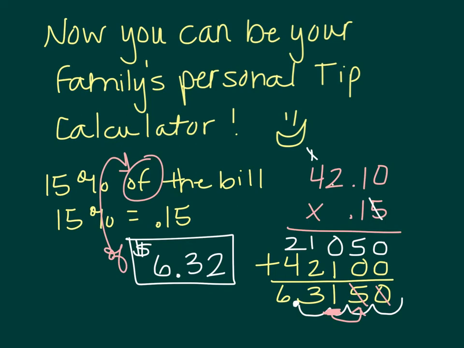Depending on how good the waiter or the waitress is, you can also leave them more than 15%. You could leave them 18% or 20%. 18% would be 18 hundredths, and 20% would be 20 hundredths.